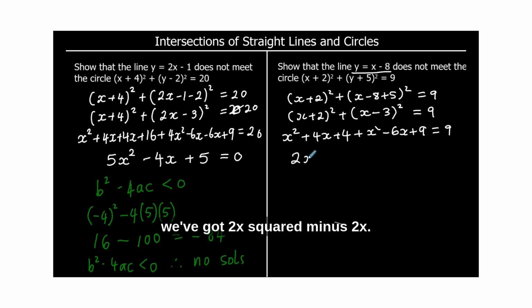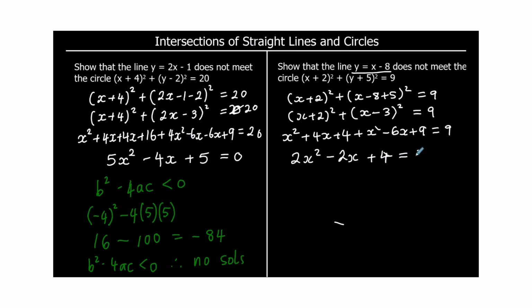So collecting like terms, we've got 2x squared minus 2x. We've got 4 plus 9 minus 9, which is plus 4. So they do not meet if b squared minus 4ac is negative. So b is negative 2. b squared minus 4 times a times c.